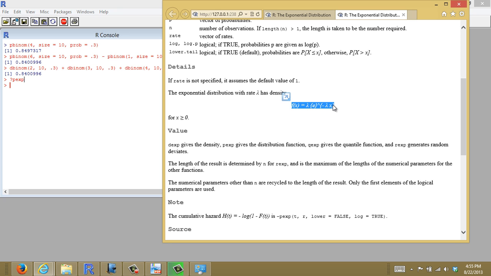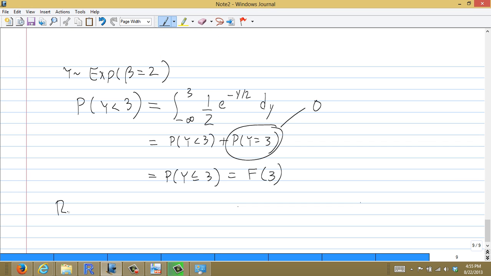If we compare that to the parameterization in our book, R's version is lambda e to the negative lambda x, and the book parameterizes it as 1 over beta e to the negative x over beta, using the same symbol for the random variable x.